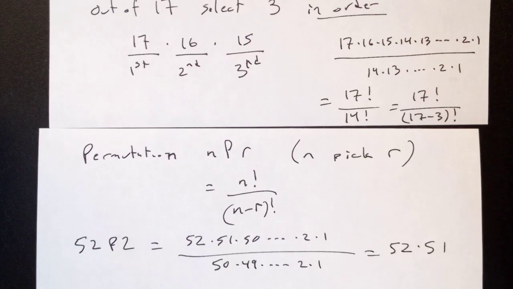Please note, I'm being deliberate in saying these are ordered. Because when I'm the dealer, the first card I get stays face down, the second card is face up, so they're different. And I know in advance, a first and a second, the order matters. That's why I use this formula.